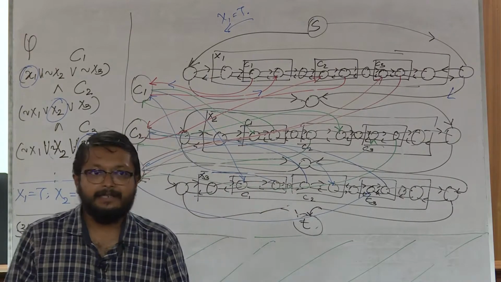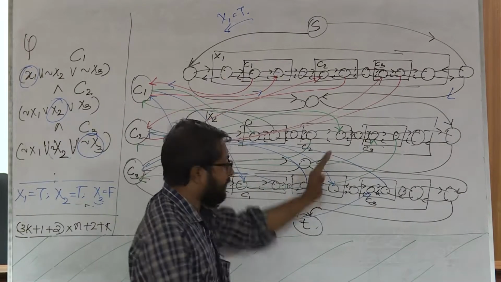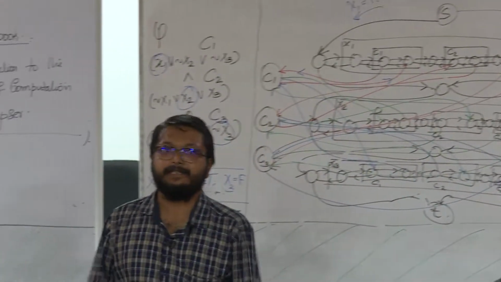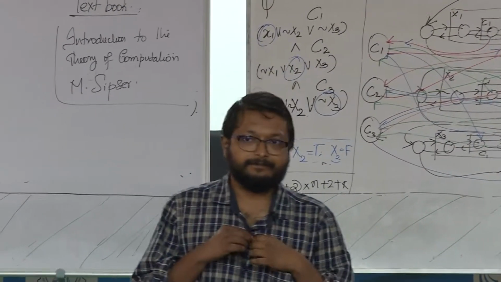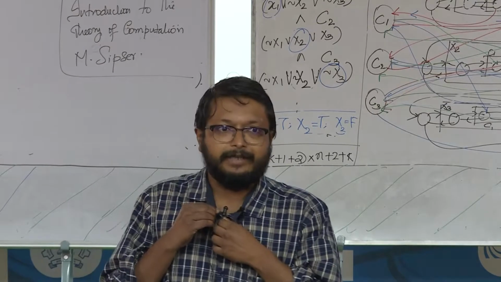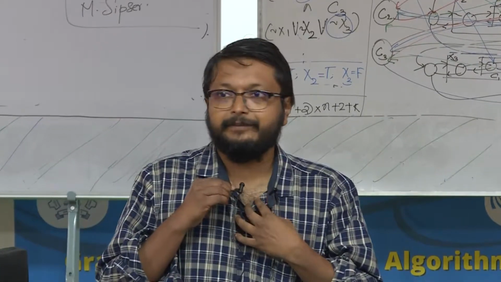So, this is the only way in which something can happen on this graph. That is what I need to ensure, argue about.